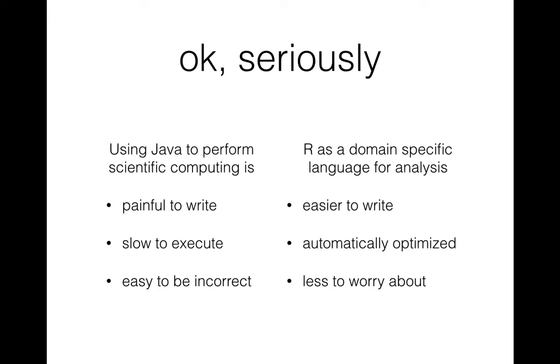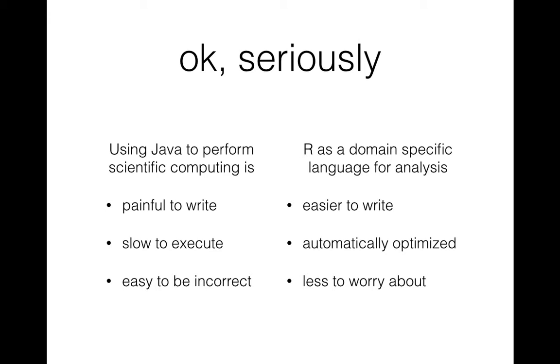So, for example, if you wanted to implement a method to permute a set of integers, it is really hard to implement it statistically correct unless you know something called the Fisher-Yates shuffle.